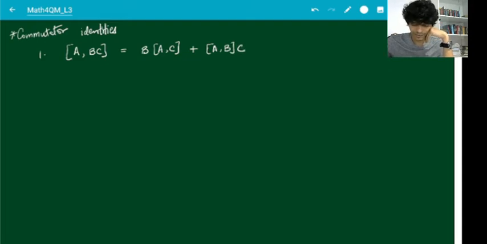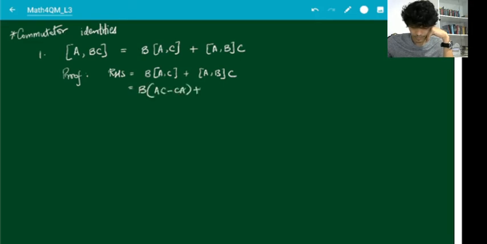How do we prove it? It's straightforward actually. If you look at the right hand side, this is B commutator of AC plus commutator of AB multiplied by C. So this is just B times the commutator of A and C, which means AC minus CA. Similarly, commutator of AB means AB minus BA.